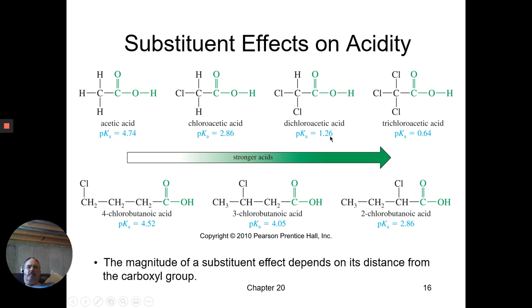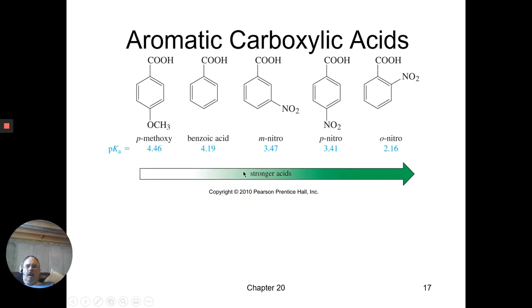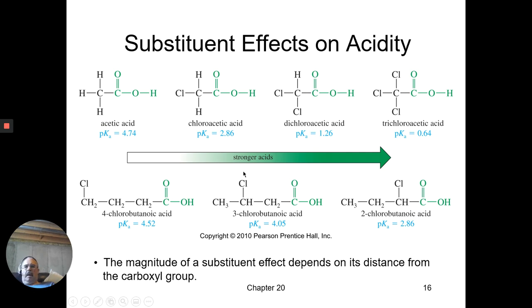Dichloroacetic acid is even more acidic, and then trichloroacetic acid. That's a difference of 4 pKa units, so this is 10,000 times more acidic. We also see that the distance of the electron withdrawing group from the carboxylic acid group can affect the acidity.